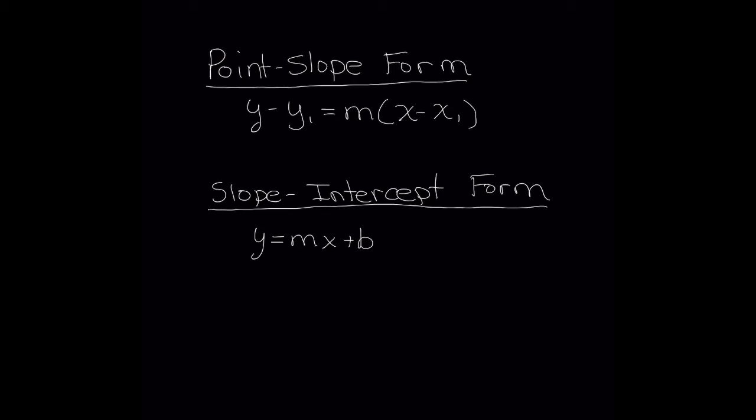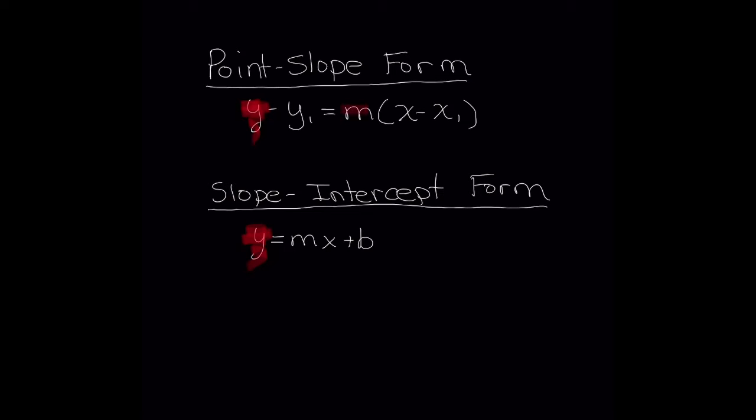So the first thing I wanted to point out are the similarities and differences between point slope form and slope intercept form. Notice that both start with y. With point slope, they also have the y1, but again, they both start with y and then pretty much the equal sign.